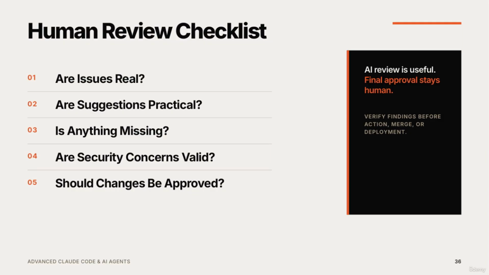We also check if anything is missing, which helps us catch gaps that AI might overlook. Then, it's crucial to validate if any security concerns raised are legitimate to prevent unnecessary alarm or overlooked risks. Finally, we decide if the proposed changes should be approved. While AI review tools like advanced Claude Code and AI agents are incredibly helpful, ultimate approval remains a human responsibility.